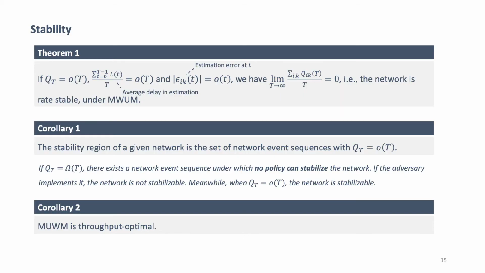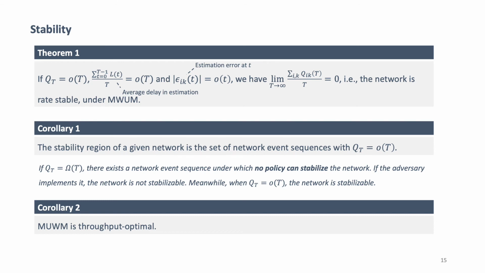We first show the stability results. We show that for a Qt constraint network, if Qt were sublinear in time horizon t, and the average delay in estimation is also sublinear in time horizon t, and the estimation error at time t was sublinear to t, then the network is rate stable under our algorithm.